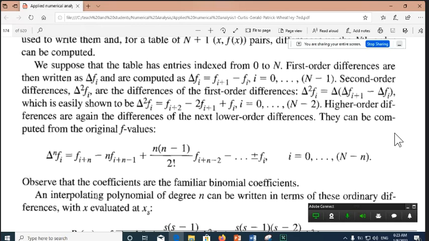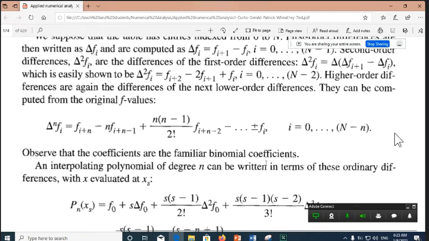For example, when we compute the value of the function at point 1, 2, 3, or point 2, point 3, point 4, point 5. These points are evenly spaced, and we can use the differences very easily.